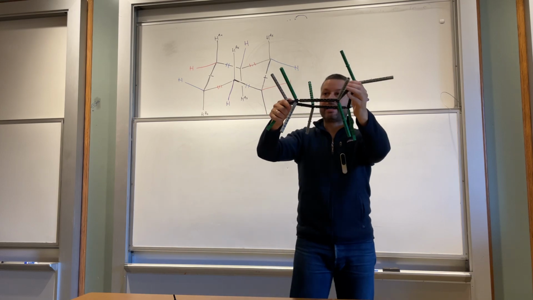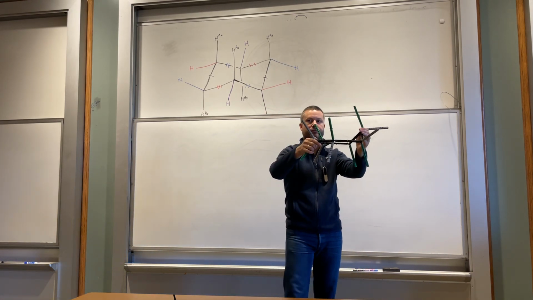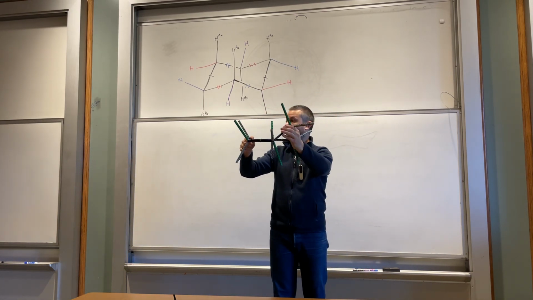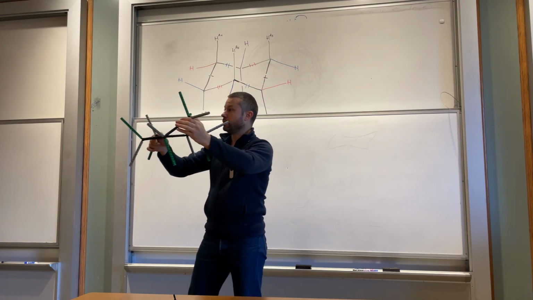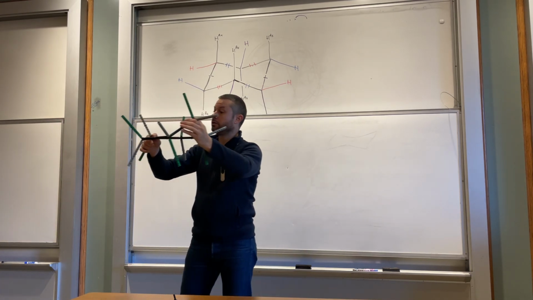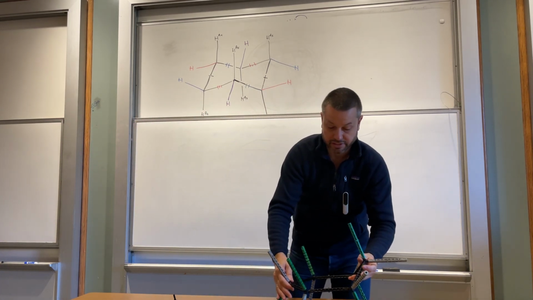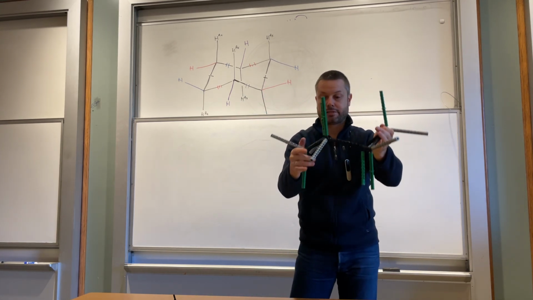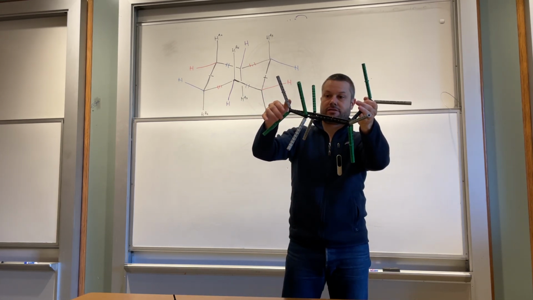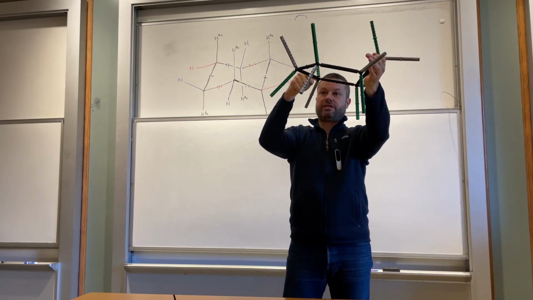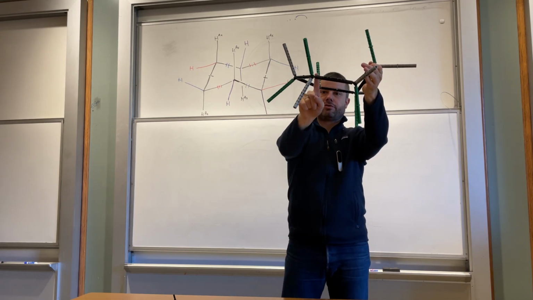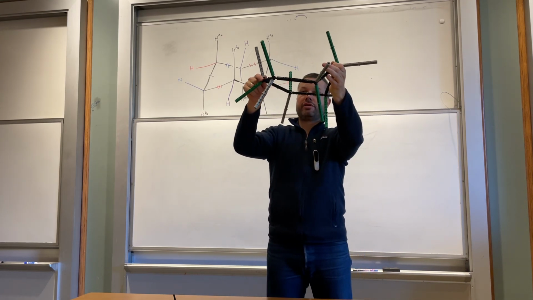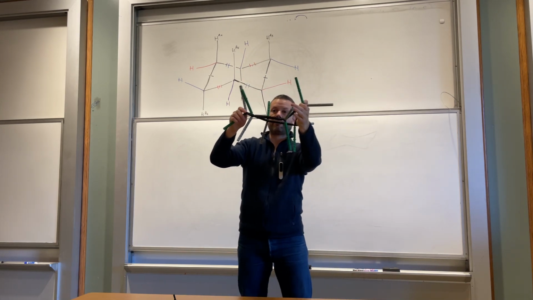When we do that, how does that affect torsional strain? It maximizes it along some of the bonds, though not for the whole molecule. Between these 2 carbons here, and these 2 carbons here, there's going to be a maximum amount of torsional strain.